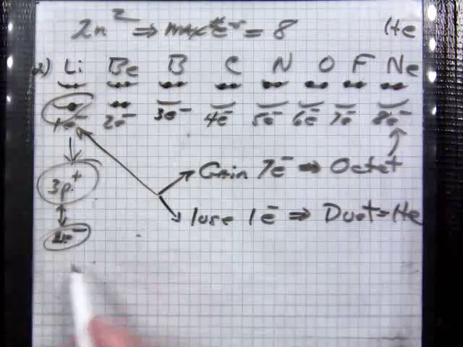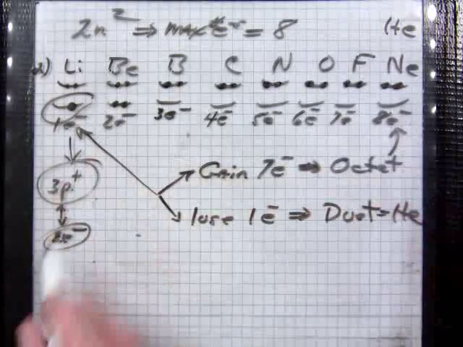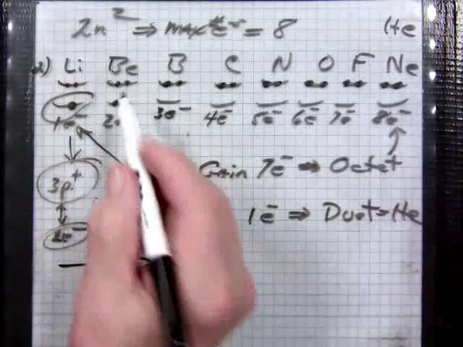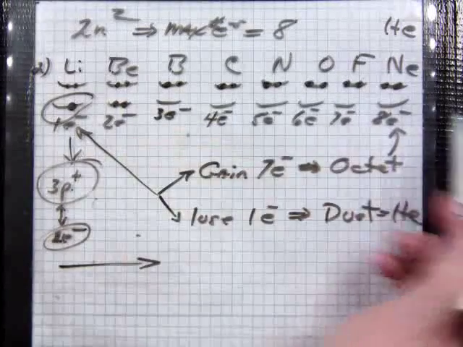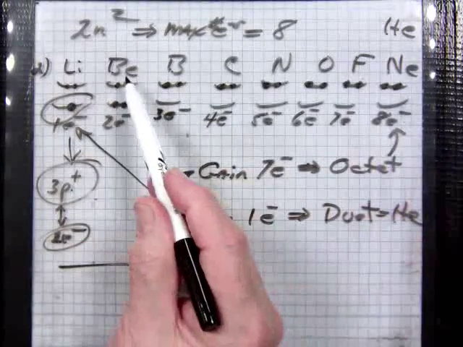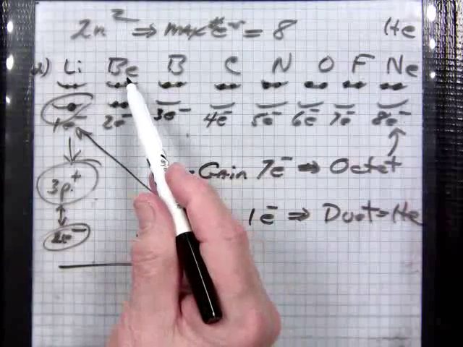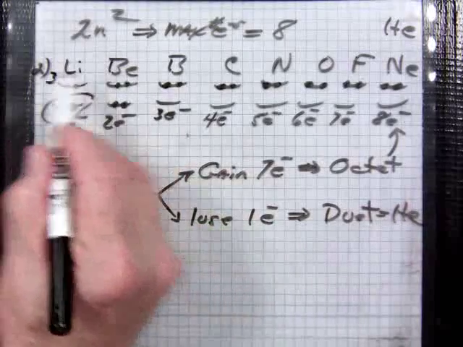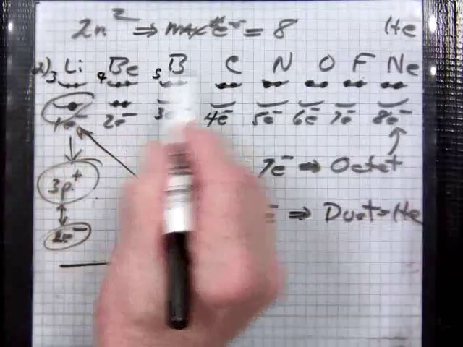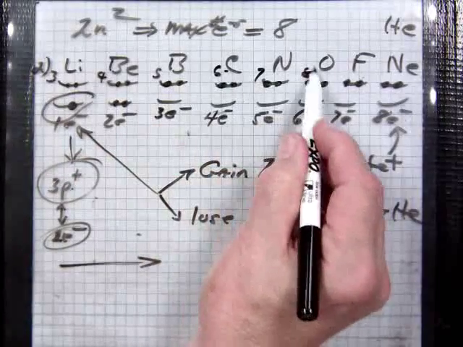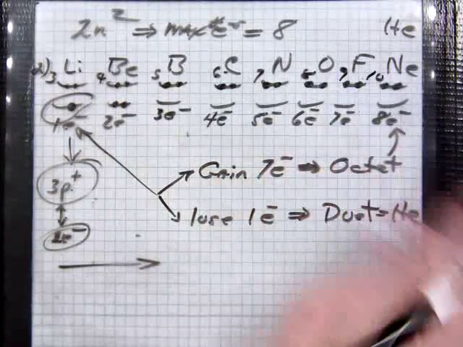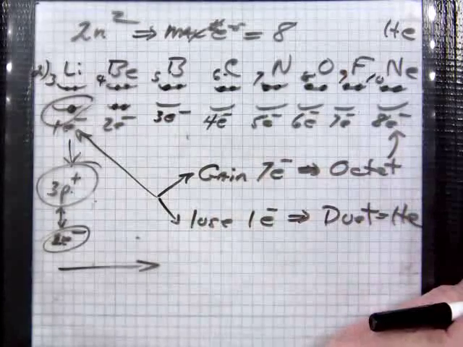Now, what you want to look at is that as we go across the periodic table, we're increasing the number of protons. So while we're at 3, we go to 4, 5, 6, 7, 8, 9, 10 protons holding on to the electrons.